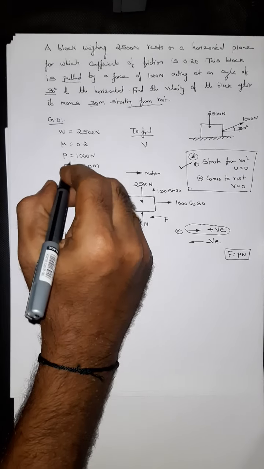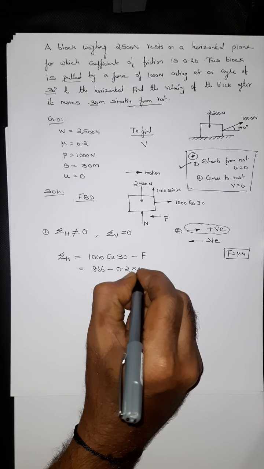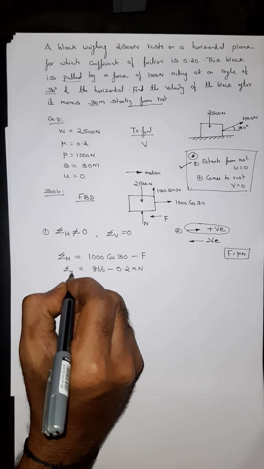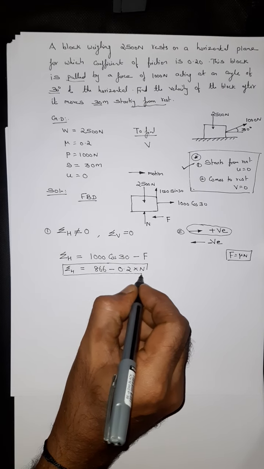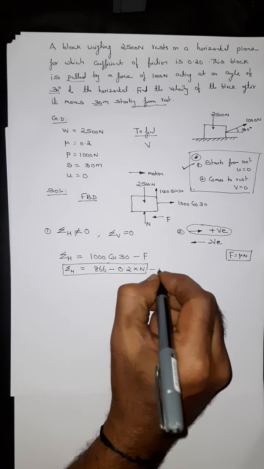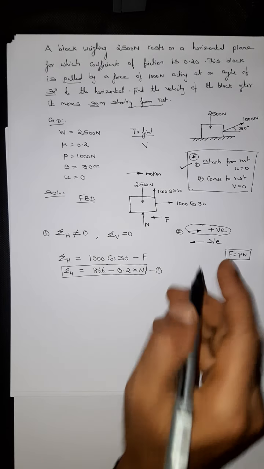Mu value is 0.2, so 0.2 into N. This is equation number 1. Got it?